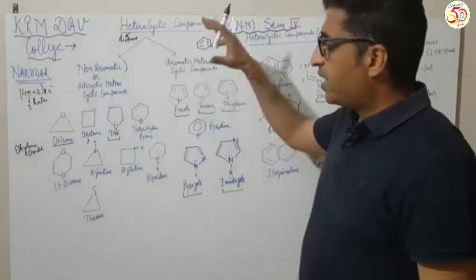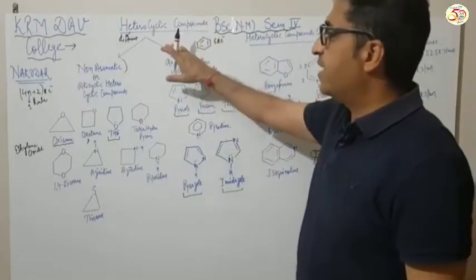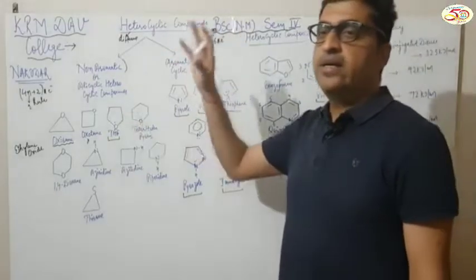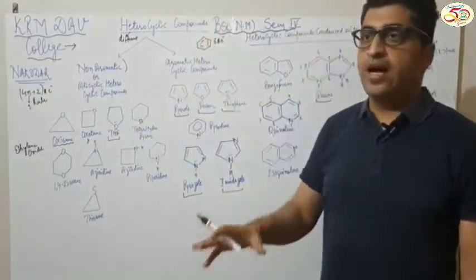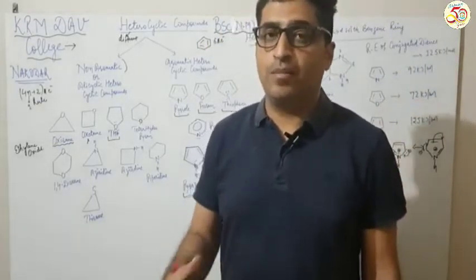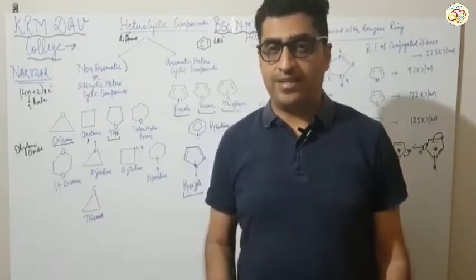We are going to study heterocyclic aromatic compounds. Earlier we did aromatic compounds and we took the reference of benzene to explain aromatic compounds. Benzene and derivatives of benzene were taught in the previous classes.